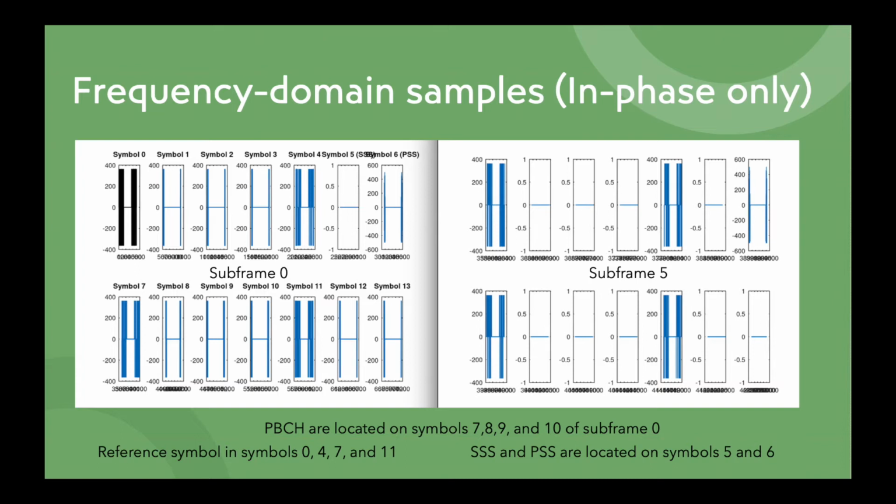Now we are going to visualize only in-phase samples in the frequency domain. So in this example we have subframe 0 and subframe 5. In subframe 0 and subframe 5 we can visualize SSS and PSS signals located on symbols 5 and 6.